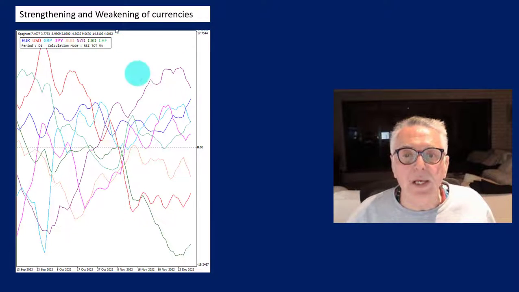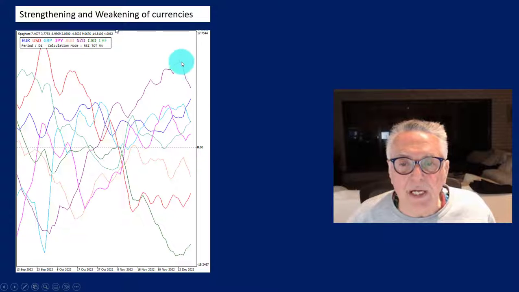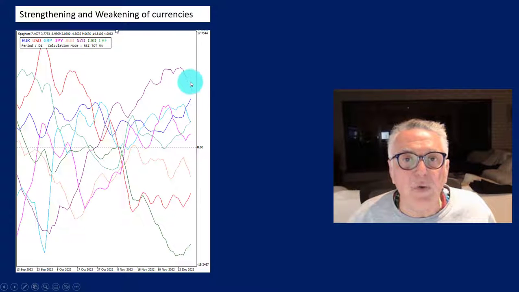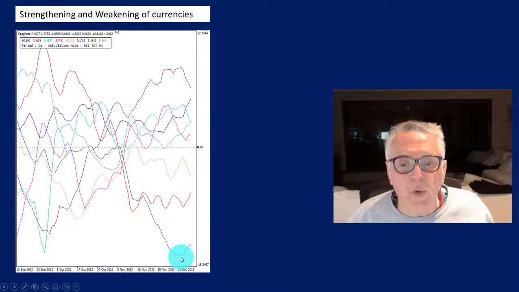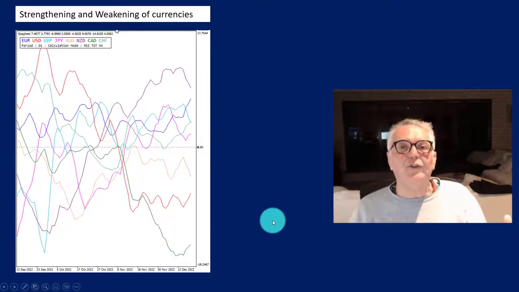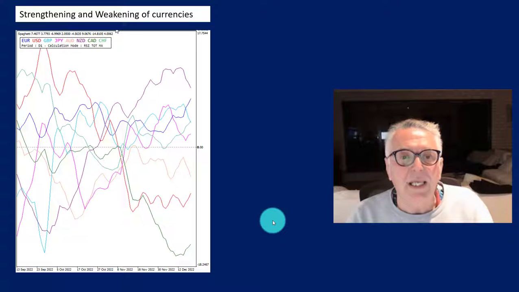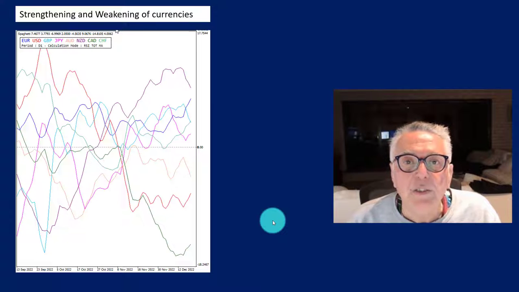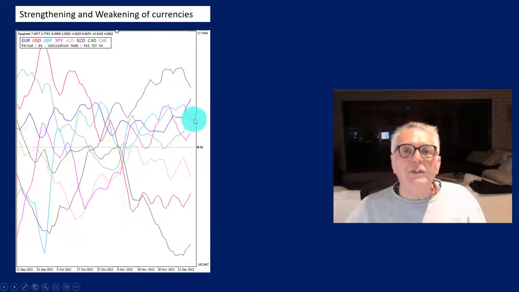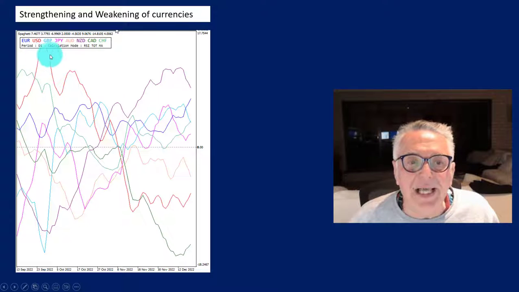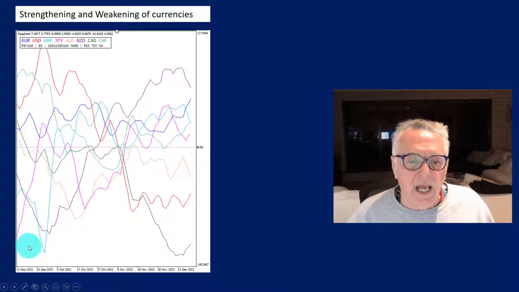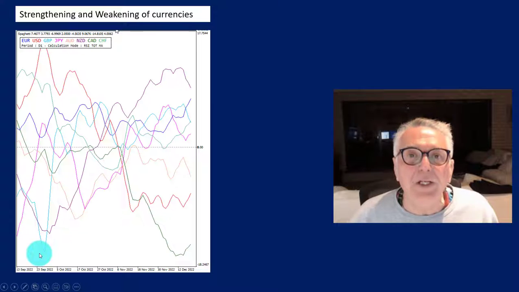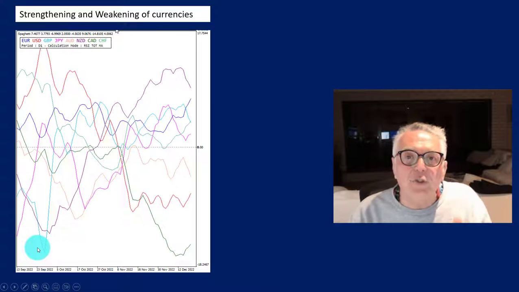Secondly, if you look at the direction that it's showing, although this one was strong, it is starting to weaken. Although this one was very weak, it is starting to strengthen. That is the trading opportunity that you will see when using the spaghetti indicator, because the actual concept is that no matter how strong a currency gets or how weak it gets, eventually it will come back to normal.